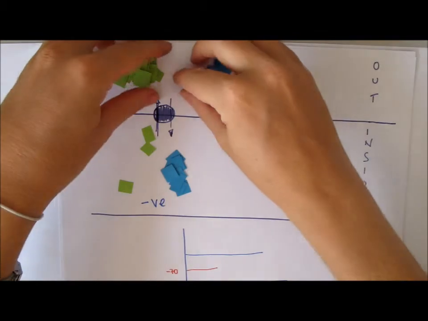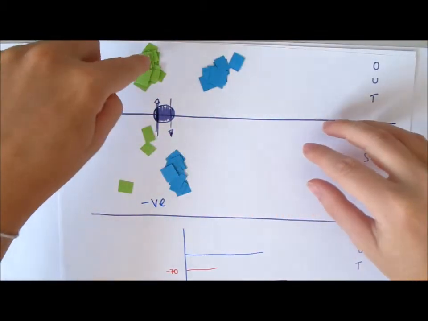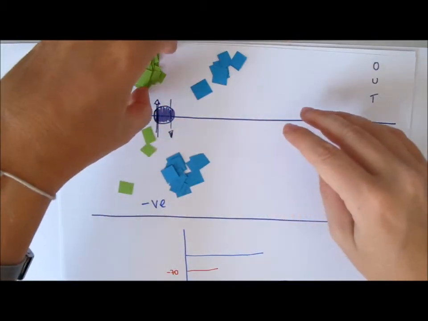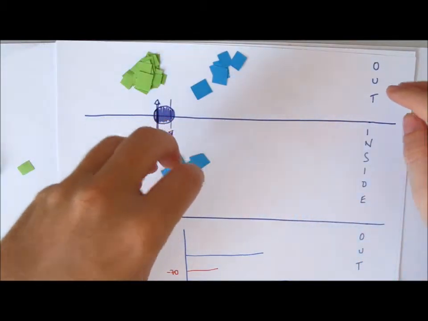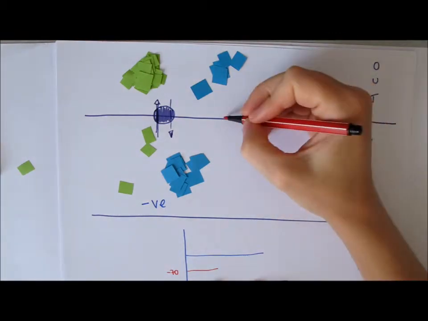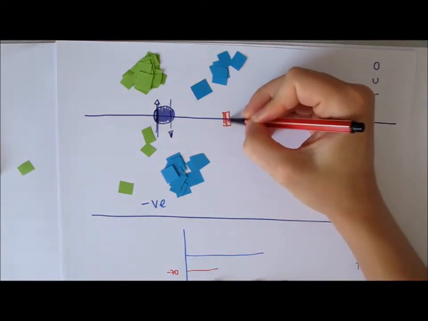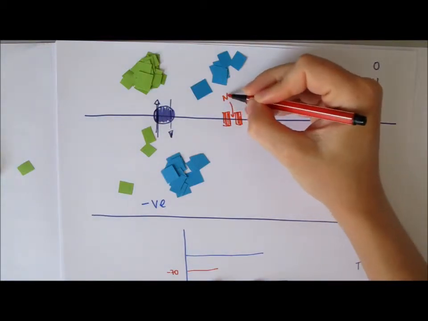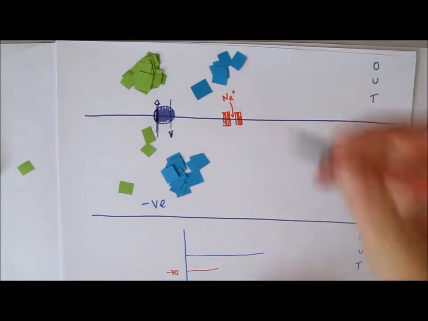And so what happens now is when you look at the sodium and the potassium, you can see that there is a lot more sodium outside the axon than inside, and a lot more potassium inside than outside. And so what happens first is that a voltage-gated channel opens. That voltage-gated channel is a sodium voltage-gated channel.